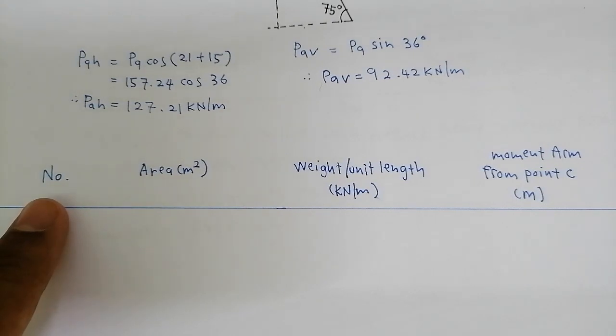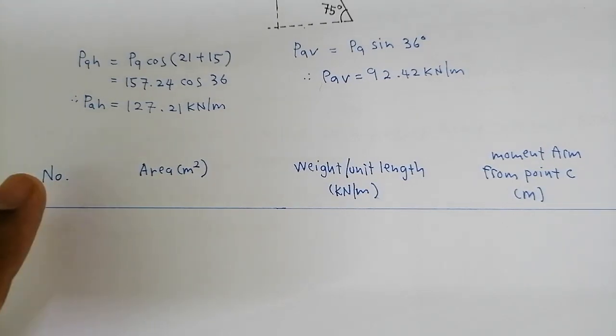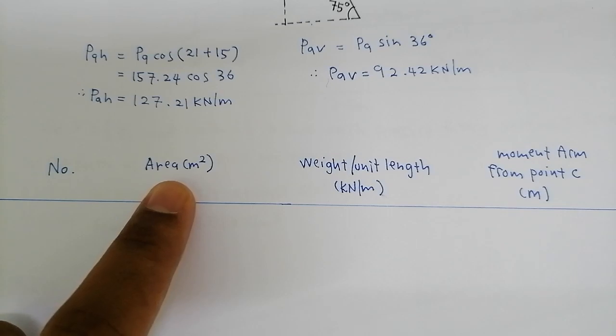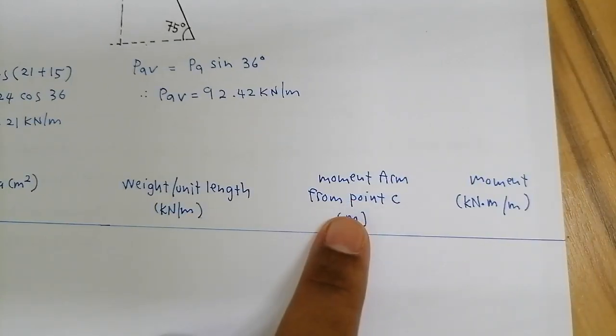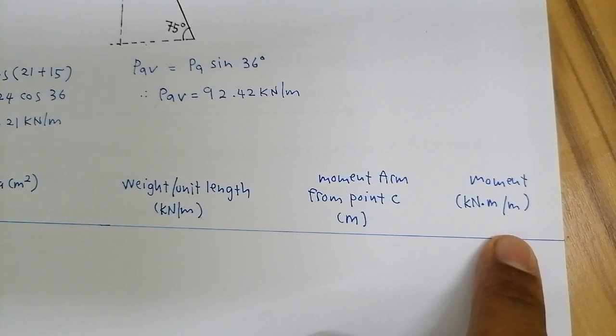So we have number, referring to the different sections of your retaining wall, and the area of each section, and weight per unit length. And then this is the moment arm from point C, and this is the moment.